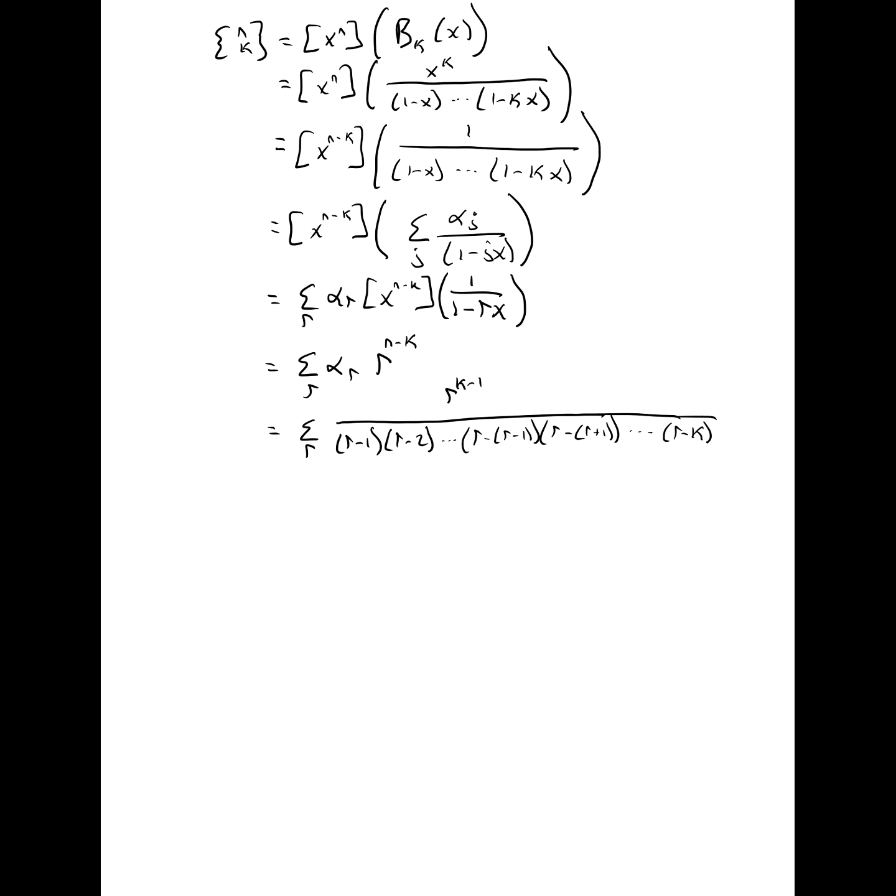And how I got to this from alpha sub r was I multiplied by r to the k minus 1 over r to the k minus 1. And that's just cleverly multiplying by 1, but it clears the fractions inside of the fractions, which can be a pain. And then we get this formula, which is a lot nicer in my opinion. On the outside here, we have an r n to the k.